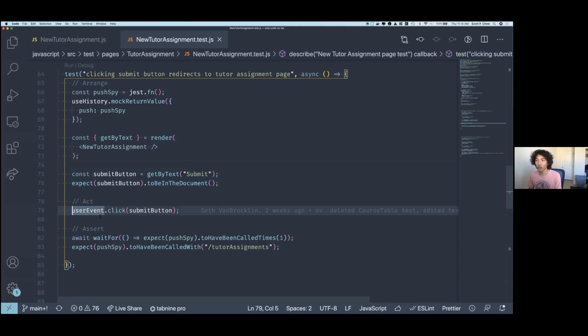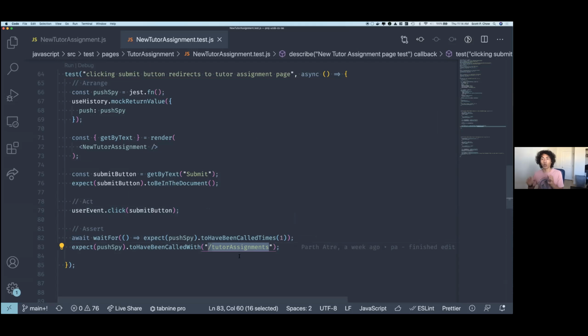The act portion is very short. All we do is hit the submit button. And finally, in the assert, we check that push spy was called once, and we expect push spy to have been called with the correct arguments. That is how we were able to assert, or verify, that we went to a new page.